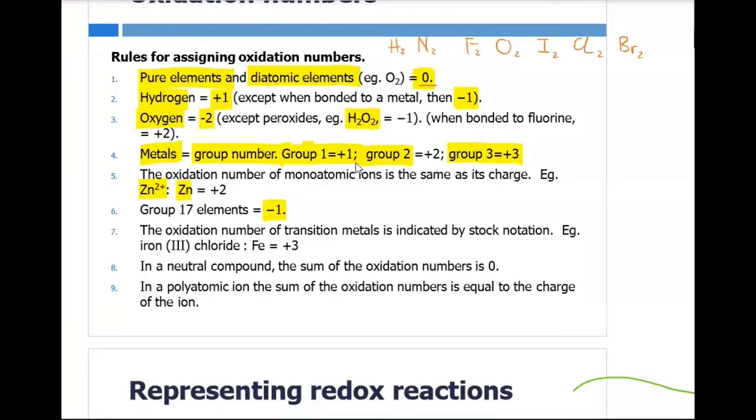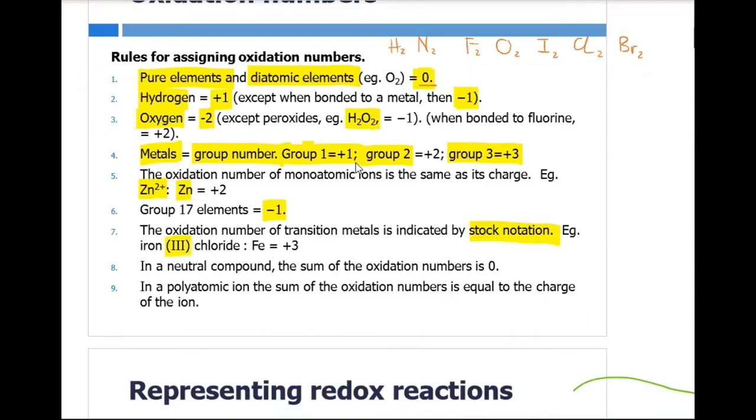Right, then the oxidation number of transition metals, we said stock notation, or Roman numerals. All right, please note that you understand how Roman numerals work. I know this sounds highly silly, but with your Roman numerals, if you've got the straight line, those are single digits. If you've got a V, it's a 5. If it is before, then it is 5 minus, and if it is after, then it is 5 plus. I realize that some students were uncomfortable with that.